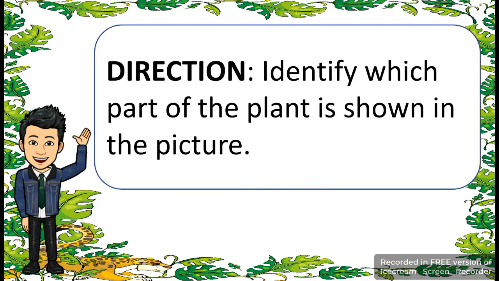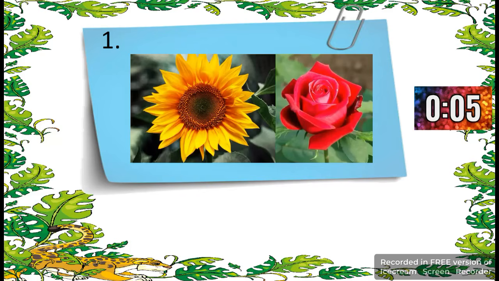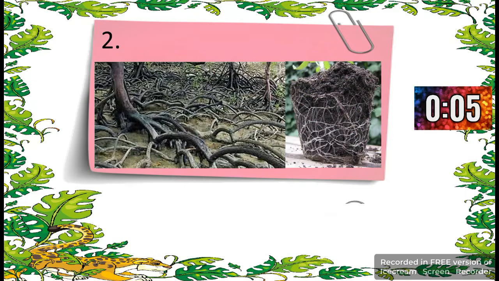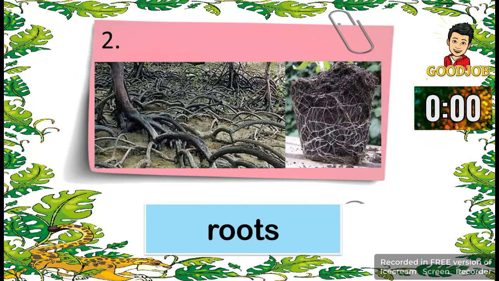For second activity, direction, identify which part of the plant is shown in the picture. Number 1. Answer is flowers. Number 2. The answer is roots.